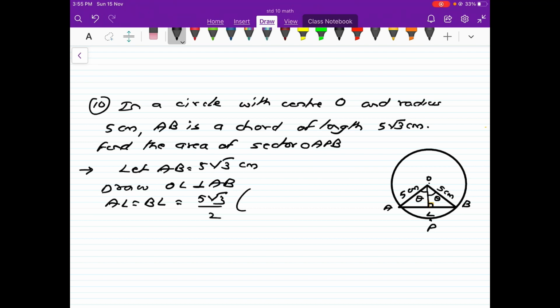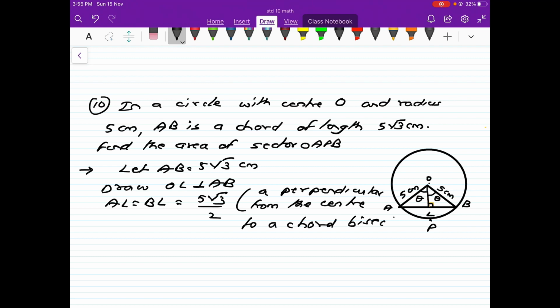The reason is a perpendicular from the center to a chord bisects the chord. So AL is equal to BL.